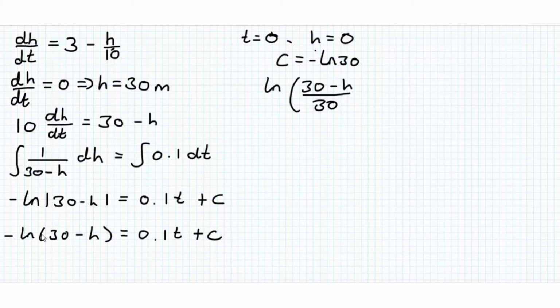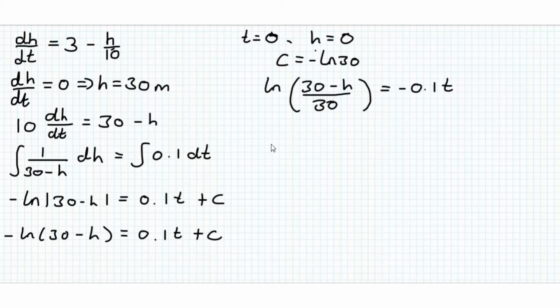If we add this to both sides, then we've got ln(30 minus h) minus ln 30, so you can combine those, and that gives you ln of (30 minus h) over 30, and then subtracting 0.1 t from both sides gives us minus 0.1 t on this side.